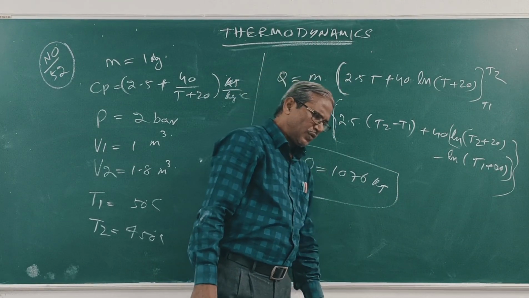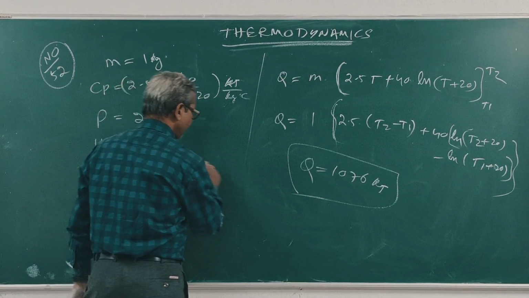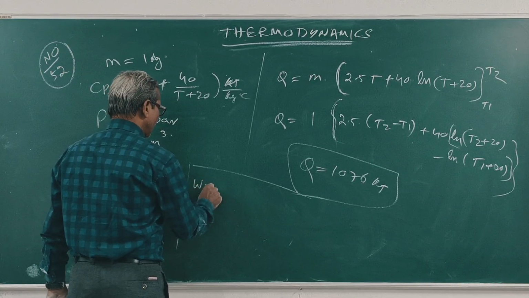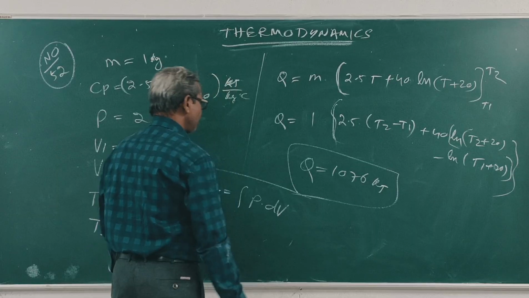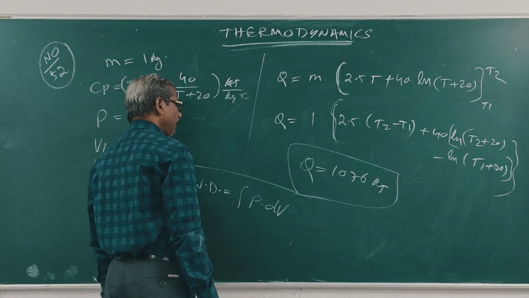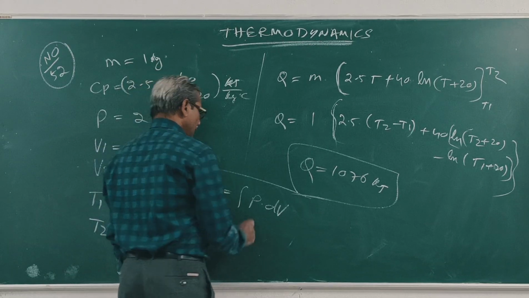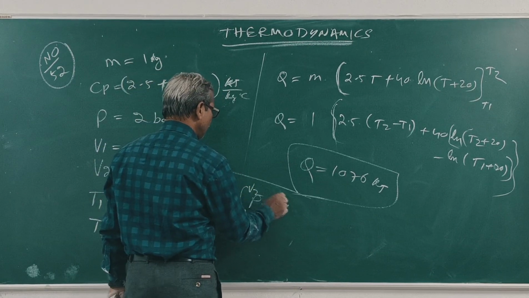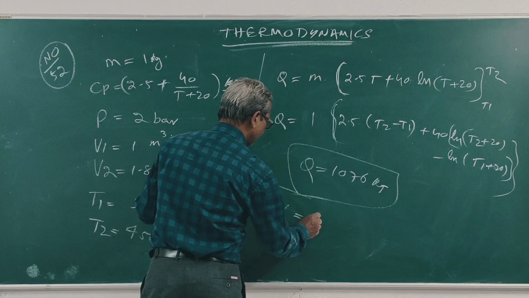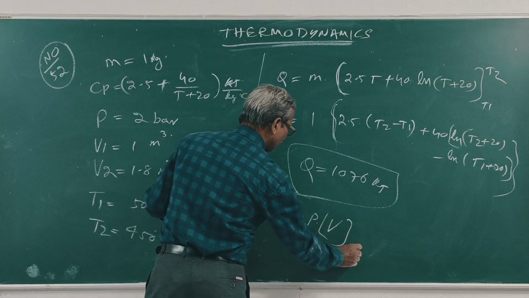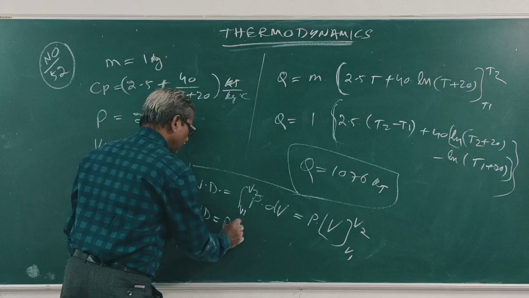Right? Now work done. Work done is equal to integration of P dV. P means 2 bar. Limit V1 to V2. So P into integration of dV from V1 to V2. So work done is equal to P into (V2 minus V1).